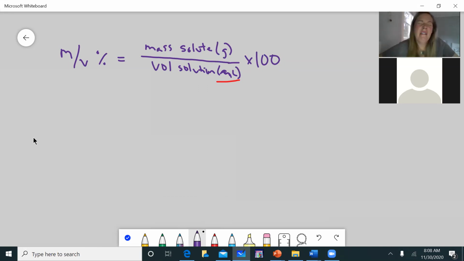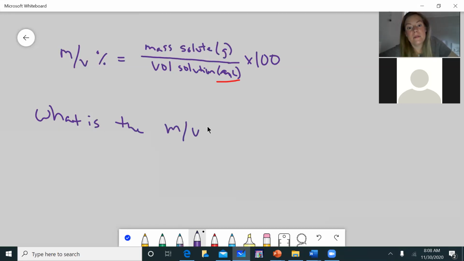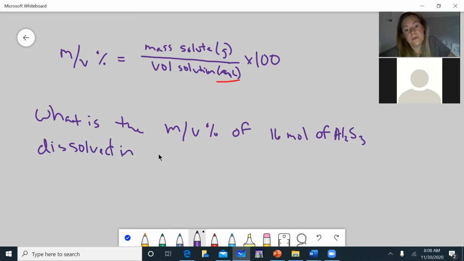I'll give you a problem. What is the mass volume percent of 16 moles of Al2S3 dissolved in 18.75 liters of solution?